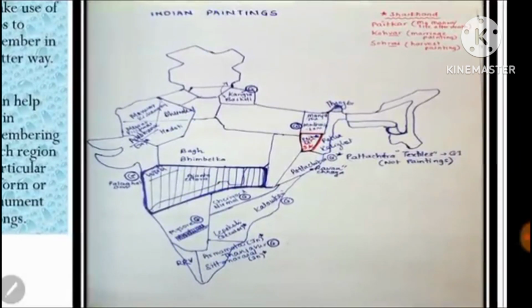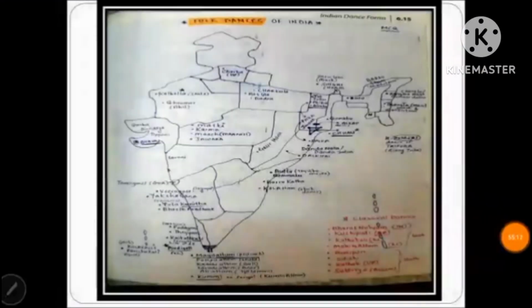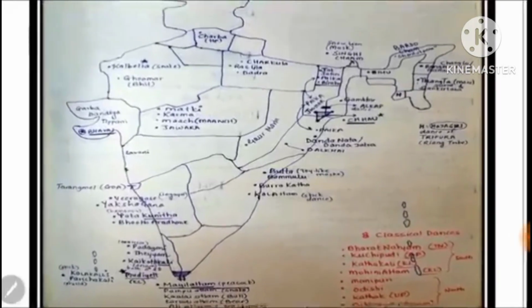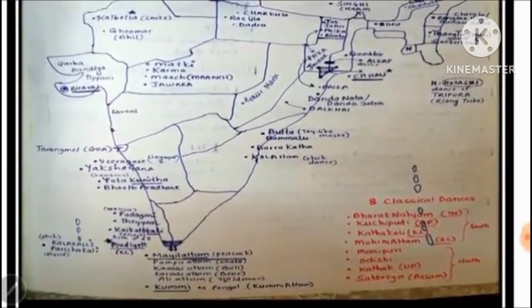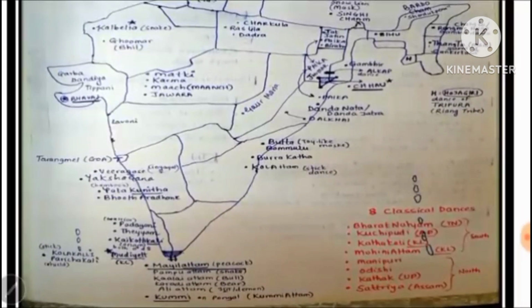So this is a map which shows the various Indian paintings and where they are located. This is a map which shows the various folk dances of India and their location. So if there is an MCQ regarding the location of a particular dance, then it becomes easier for you to remember.